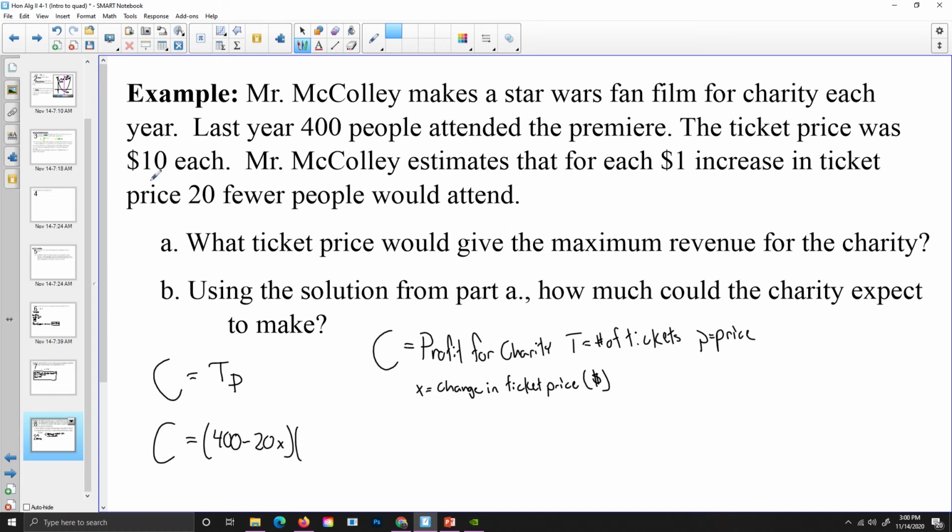So that is my new number of tickets dependent upon how much I change the price. Well, the price here is going to start at 10. And then if I want to make it bigger, I want to add the change in price, so we're going to add x to that. And so if I change the ticket price by 1, the new price would be 11, and the new number of people would be 380.